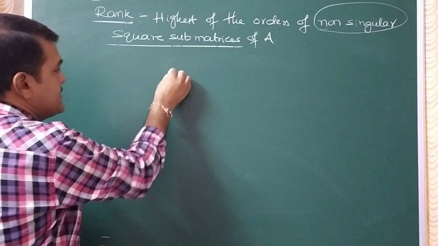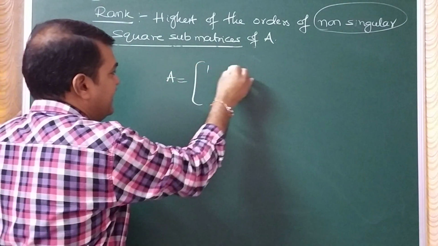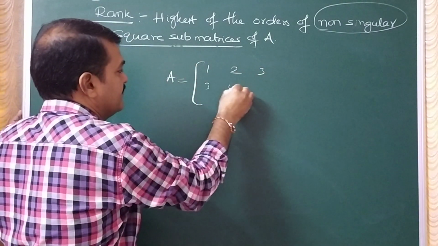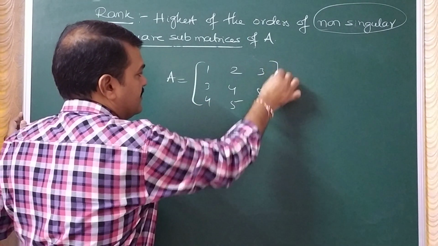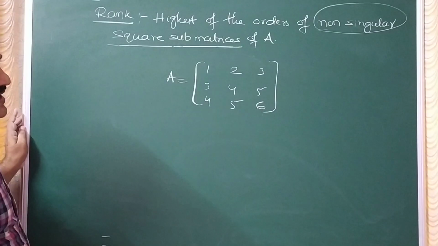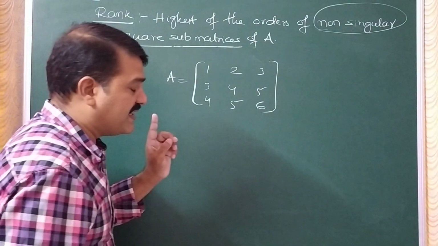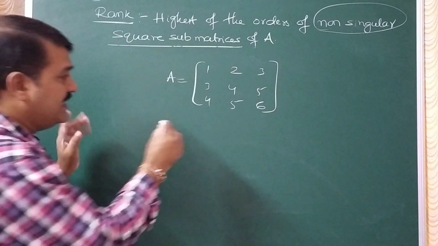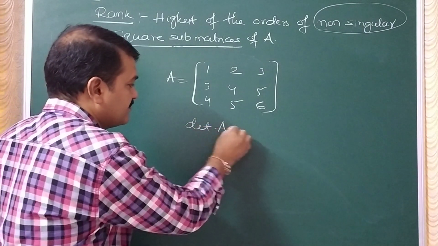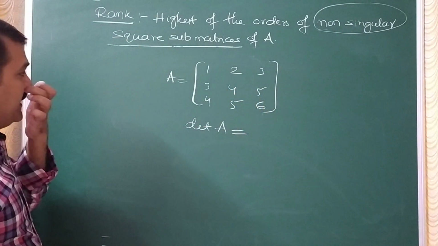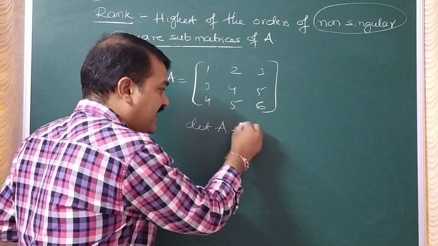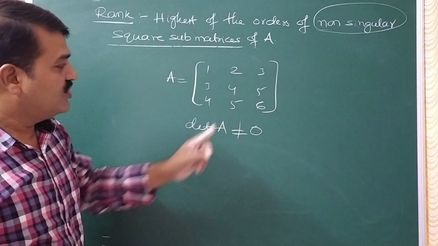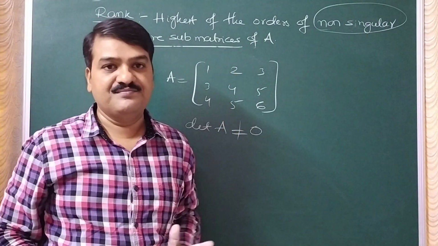For example, if I take some simple matrix like this, and you want to find the rank, find det A. For example, if det A is not equal to 0, you will write the rank as 3.